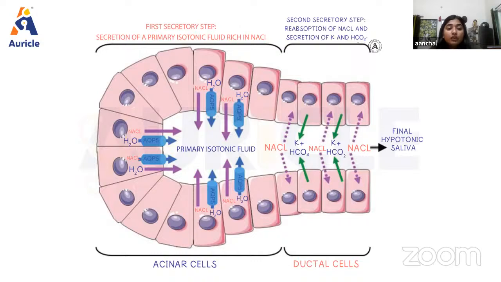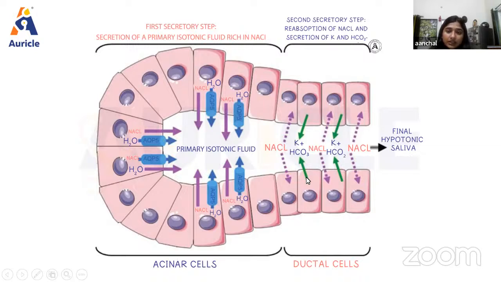Whenever we look at the final composition of saliva, we will see that there is a maximum of potassium and bicarbonate and very minimum sodium and chloride, because the duct cells reabsorb sodium and chloride.